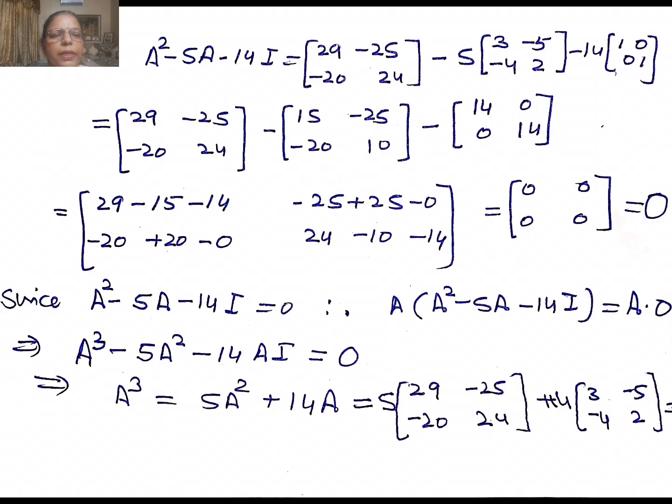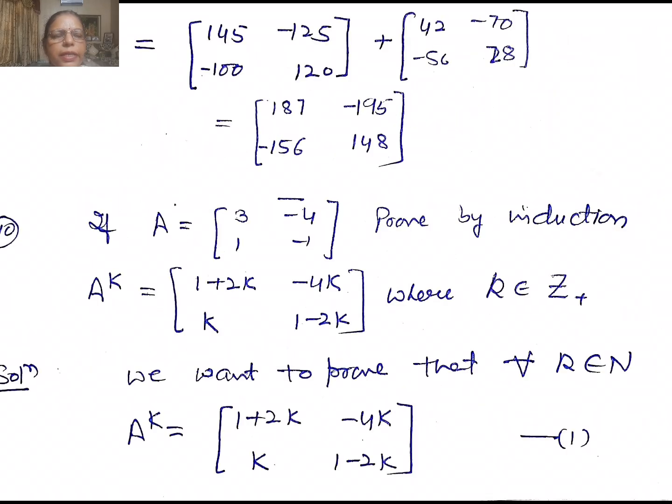By scalar multiplication, we get the result [145, -125; -100, 120] plus [42, -70; -56, 28]. Add up the corresponding elements, we get the result [187, -195; -156, 148].